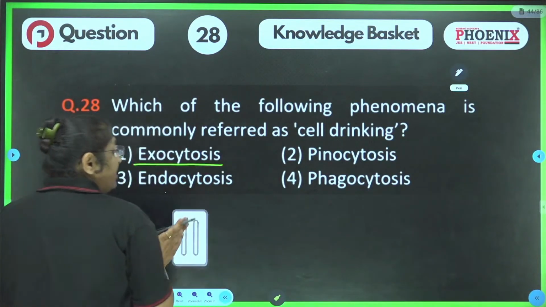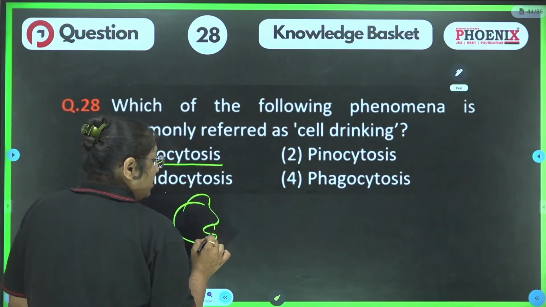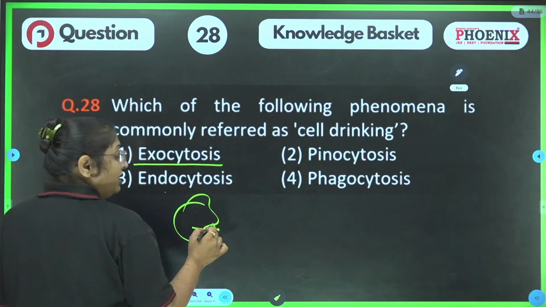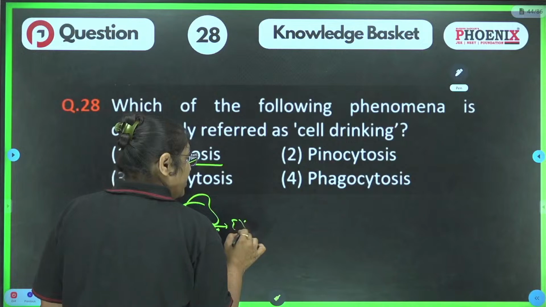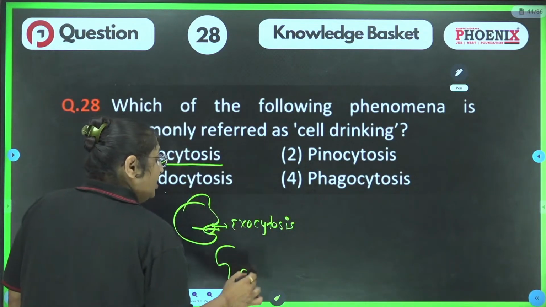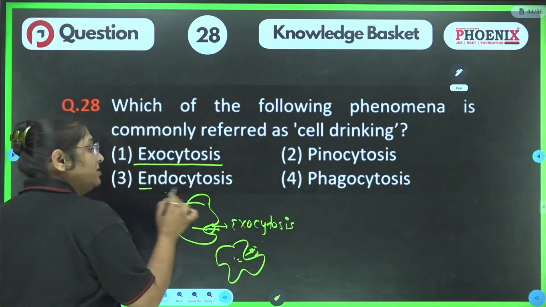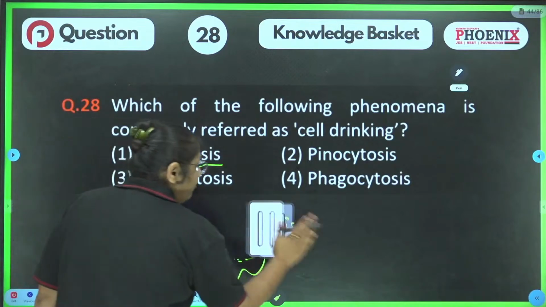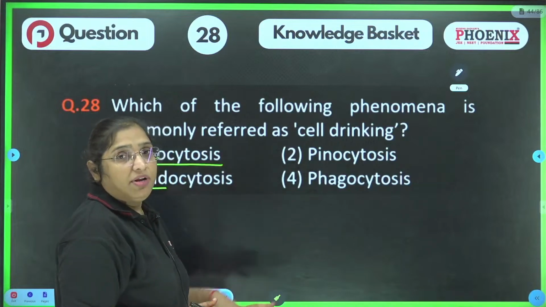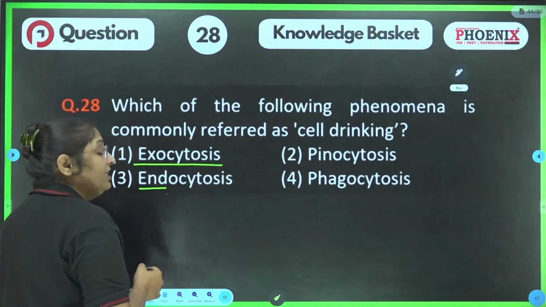Its example is like if an amoeba is giving out waste material from the cell, that is known as exocytosis, and if it is taking food material inside the cell, it is known as endocytosis. If anything is going out from the cell through the cell membrane, it is exocytosis, and if anything is coming into the cell, it is endocytosis.